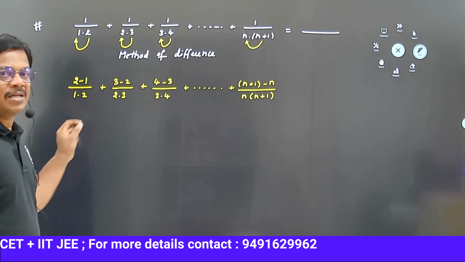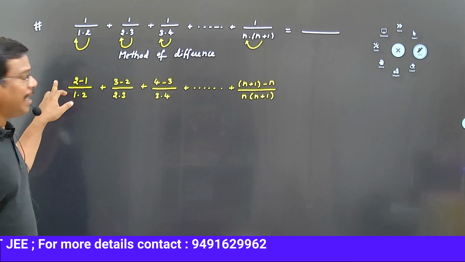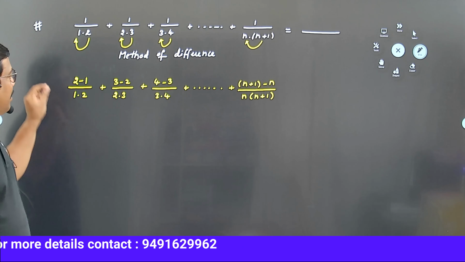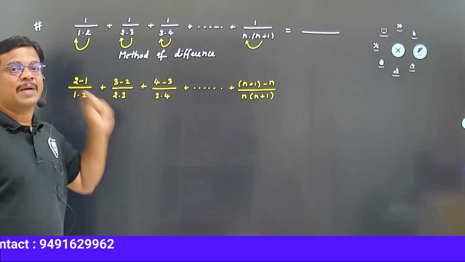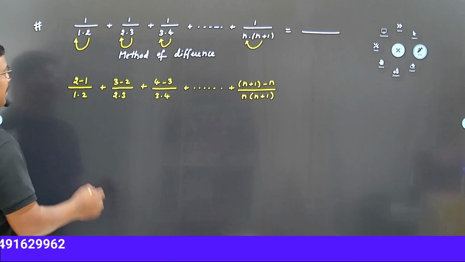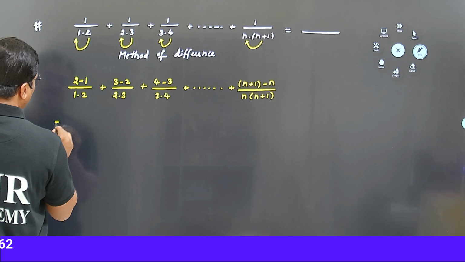See here, we are just rewriting the numerator as greater minus least by observing the denominator part.